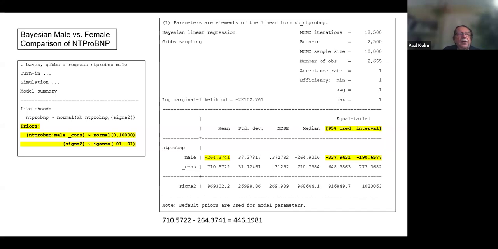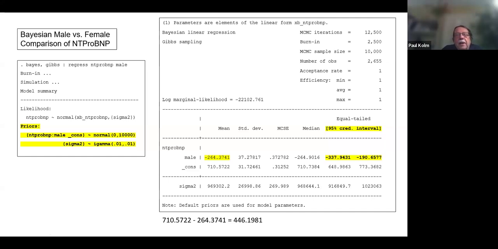And so in this case, we're going to assume a normal distribution with a mean of 0 and a variance of 0.01, or the standard deviation then would be the square root of sigma squared.